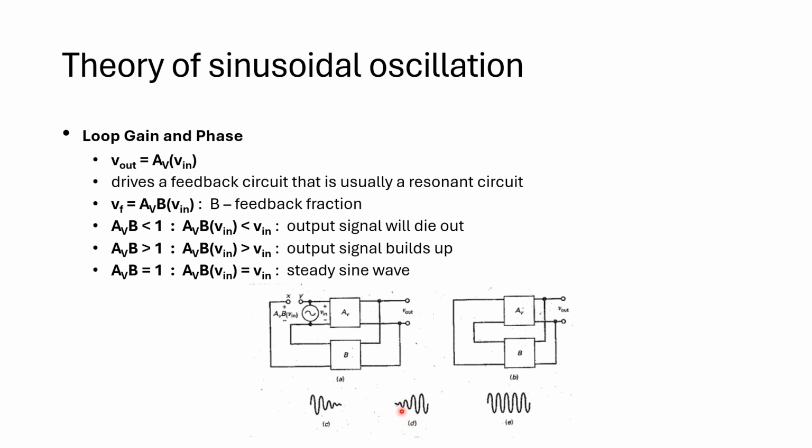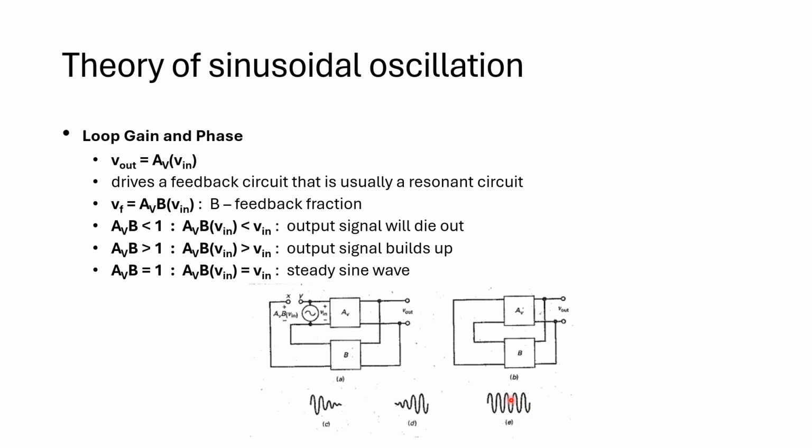So for a carrier signal, we don't want a carrier signal that dies down, so eventually, after a certain period of time, we don't have any carrier signal anymore, or a carrier signal that increases as time progresses. What we want is a steady sine wave.